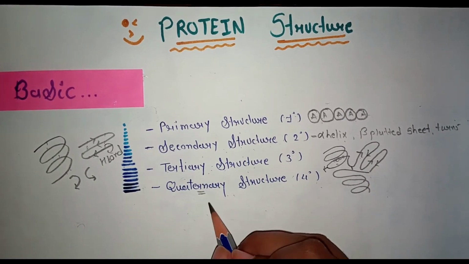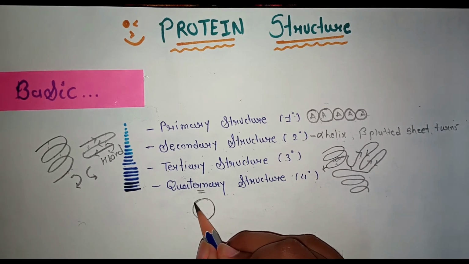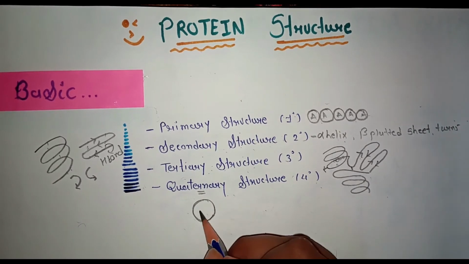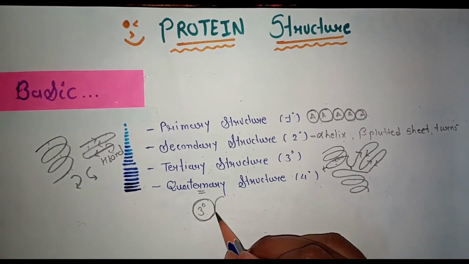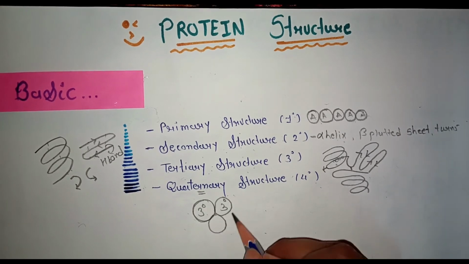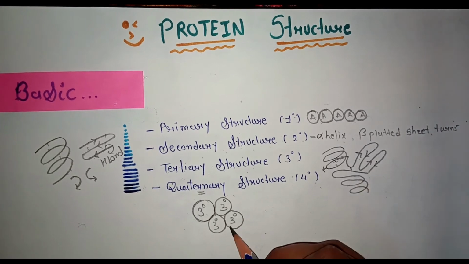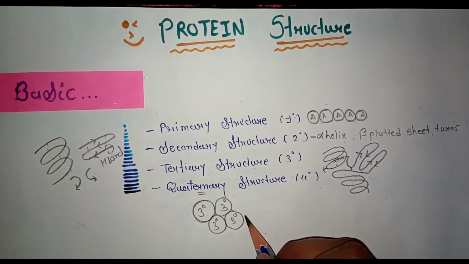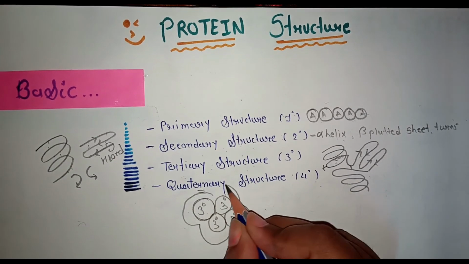Let's assume this big round circle is the tertiary structure of a protein. Then two, three, four or more of these tertiary structure molecules combine with each other and make up the final structure of the protein.